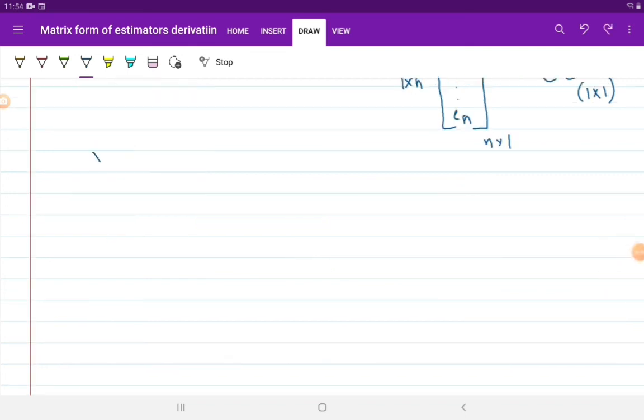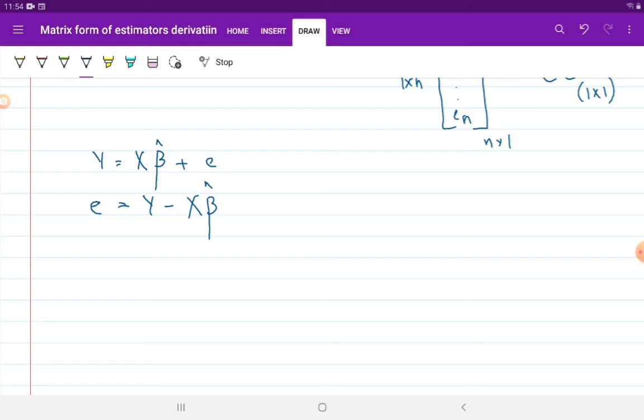Now I know that my original model is y equals x times beta hat plus the estimated error matrix. Remember, the hat means it's a matrix of the estimated coefficients. So here E can be written as y minus x times beta hat.